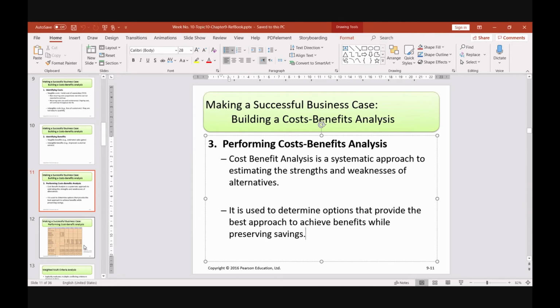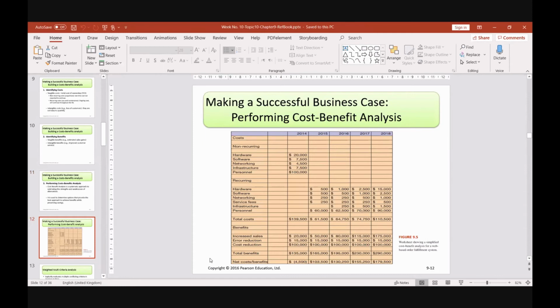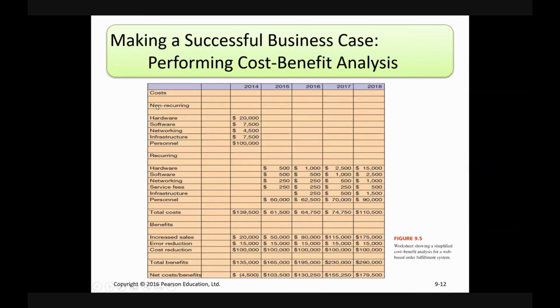For example, in the last slide, you can see this table. On the left side, on the top, we have cost. And in the cost, we have non-recurring: hardware, software, network, and it has some prices. And you can see it is year-wise, 14, 15, 16.